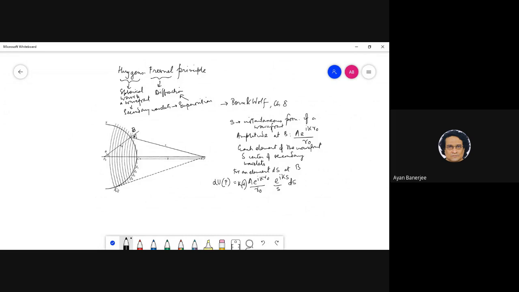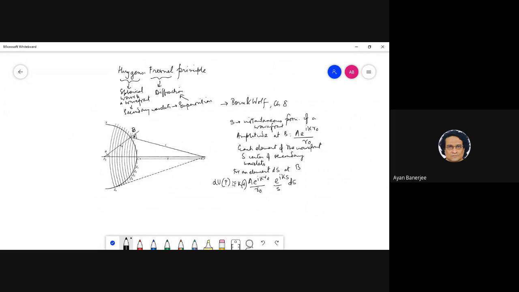So what you can envisage is that the maximum contribution will come when alpha is zero, when this distance is minimum, right? And the minimum will be when this is almost tangential, when alpha is pi by 2. Now the task of course will be to find out what the value of this alpha is.